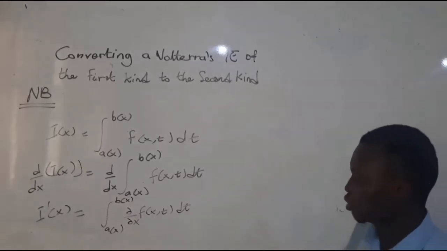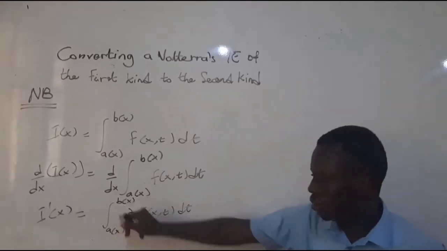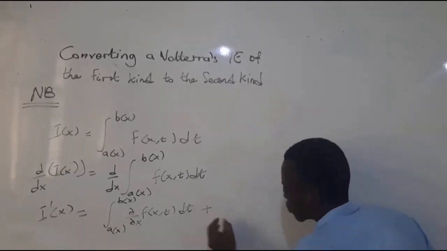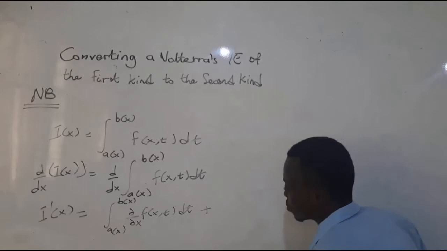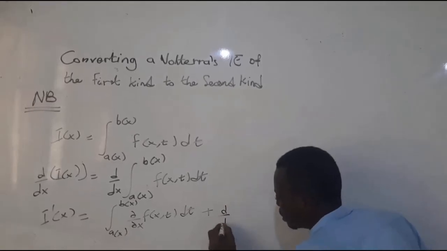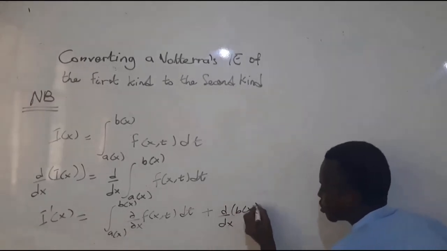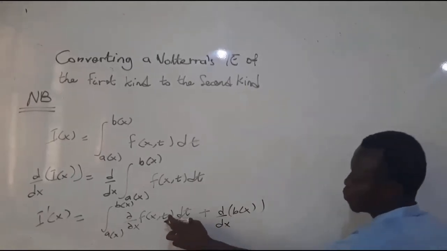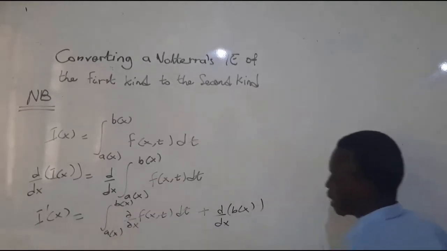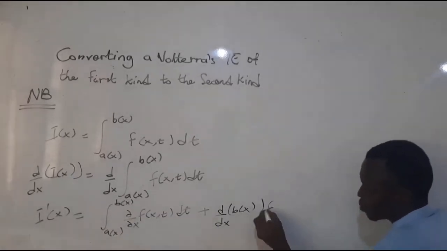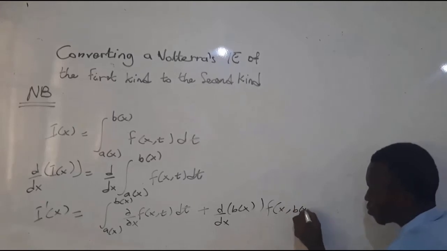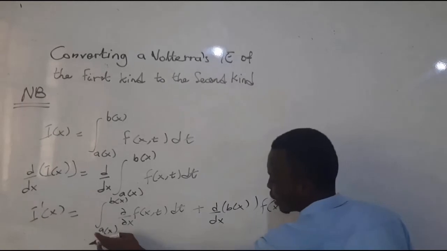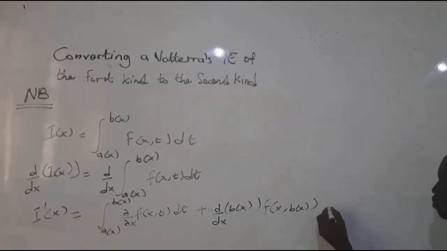Now we need to differentiate the upper limit with respect to s, plus d/ds of b(s). Then wherever you see t in the function, you replace it by the upper limit. And subtract the derivative of the lower limit with respect to s.